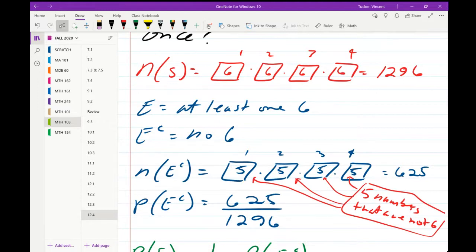So in each box we put the 5 options, 1 through 5. So 5 times 5 times 5 times 5 is 625. Place that 625 over that 1296, the sample space.